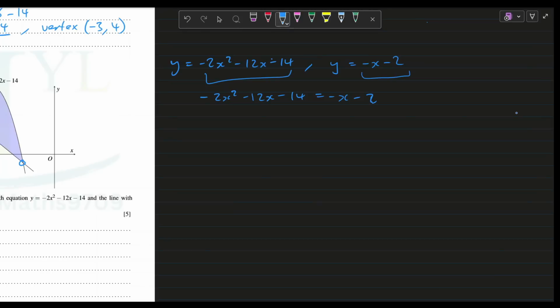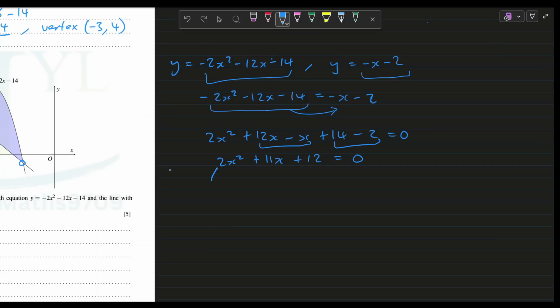And now let's put everything on one side. So I'm going to move everything on the left to the right. So we end up with positive 2x squared, positive 12x minus x, positive 14 minus 2 is equal to 0. So I've got 2x squared and then 12x minus x, so 11x, then 14 minus 2, so positive 12, and this is equal to 0.